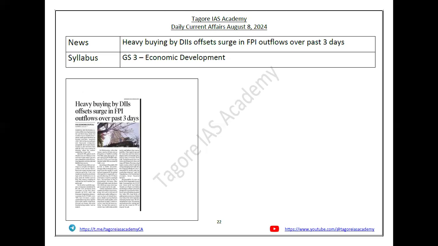Okay, this again we will be discussing in detail. This is our last topic for the day. So again, this is important from a prelims perspective.